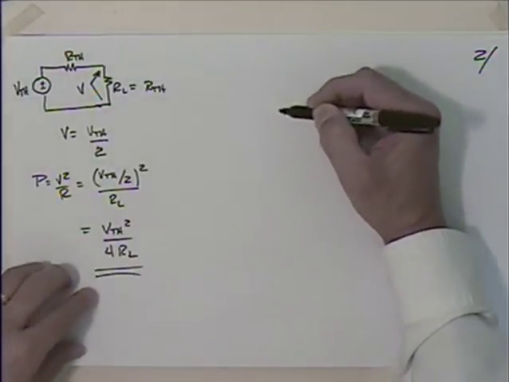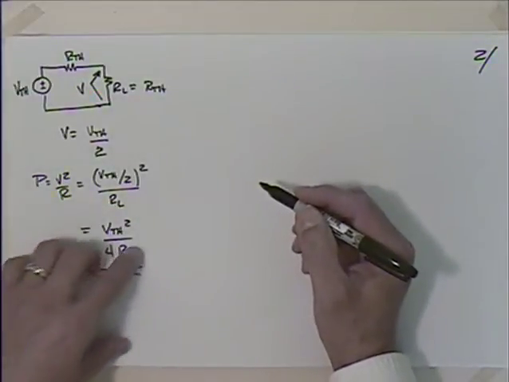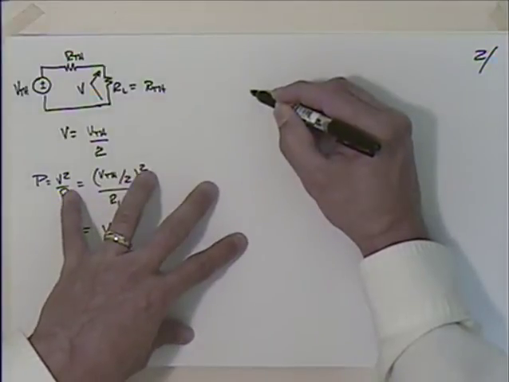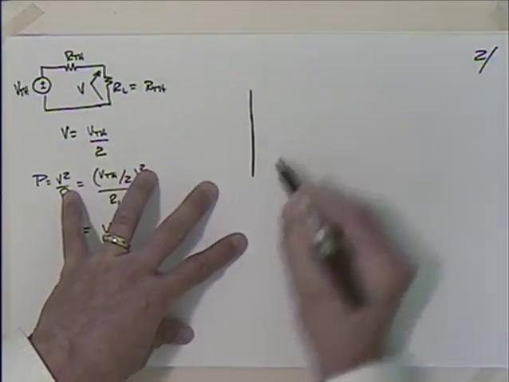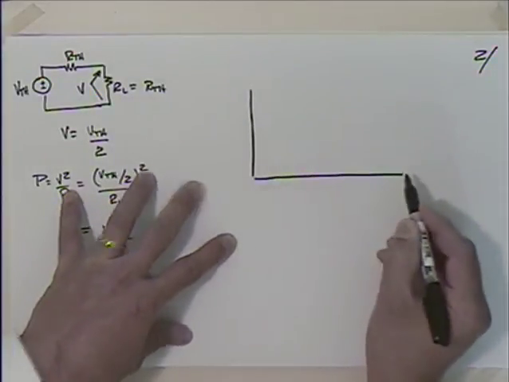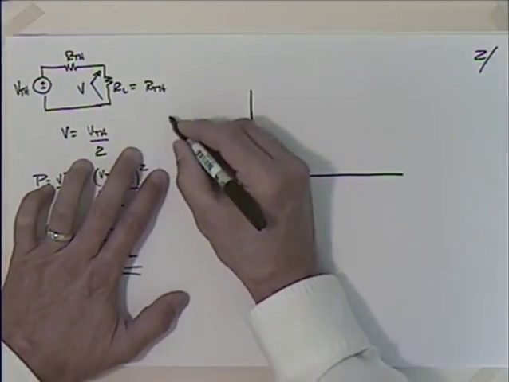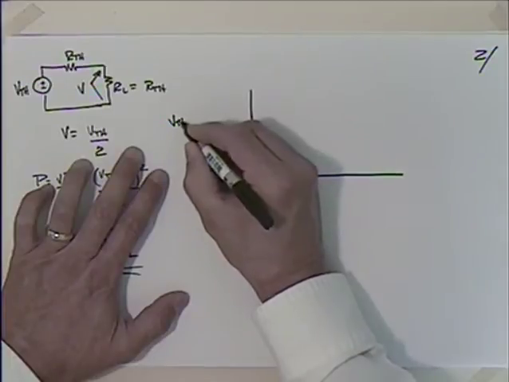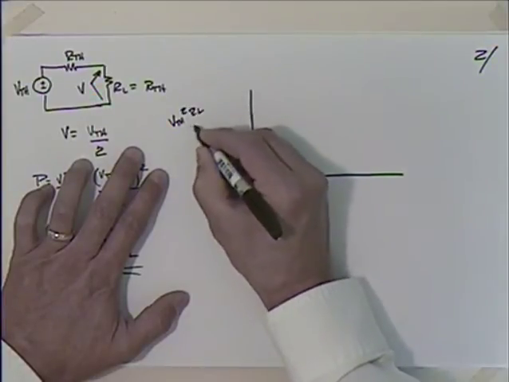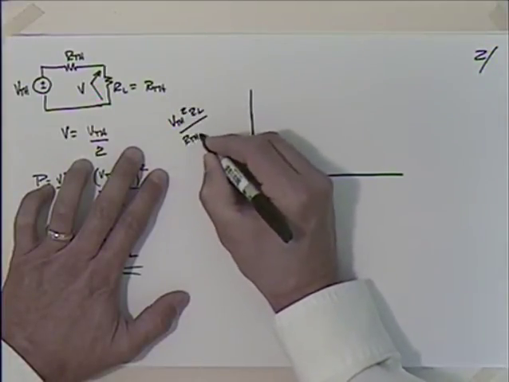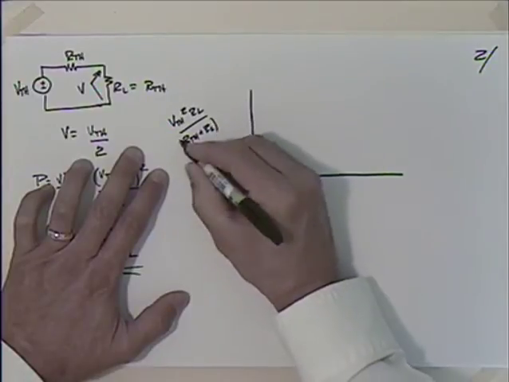And if you go through this and graph it and look at different values of RL, so you come back and talk about graphing the expression V Thevenin squared times RL divided by (R Thevenin plus RL) squared.